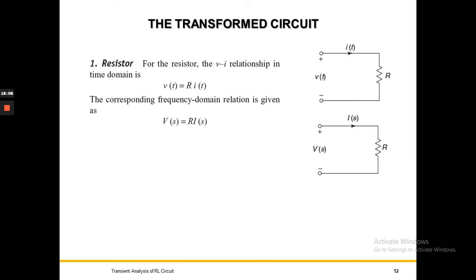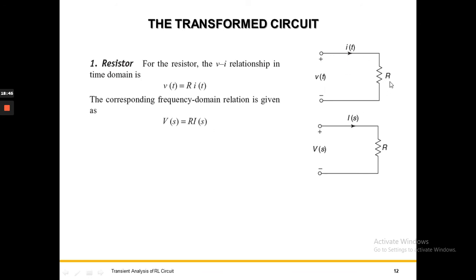Then, to do the network analysis in the frequency domain, you will be converting the components into their equivalents. Since resistance is frequency independent, the voltage-current relationship of the resistance is V = R I. Taking the Laplace transform, v(t) becomes V(s), the resistance value remains the same, R is constant, and the current in the time domain becomes I(s).